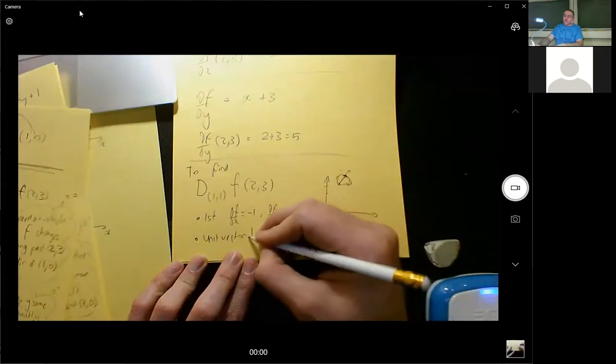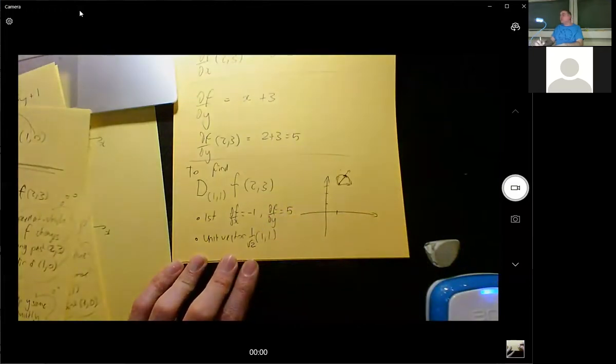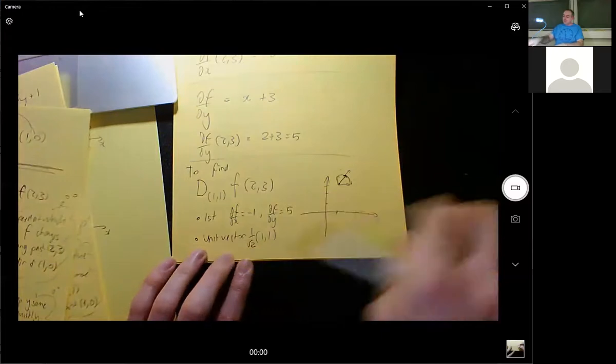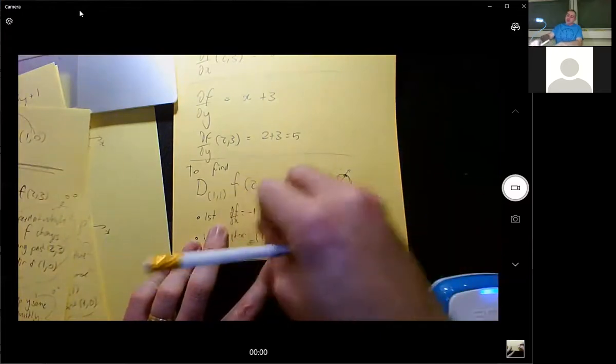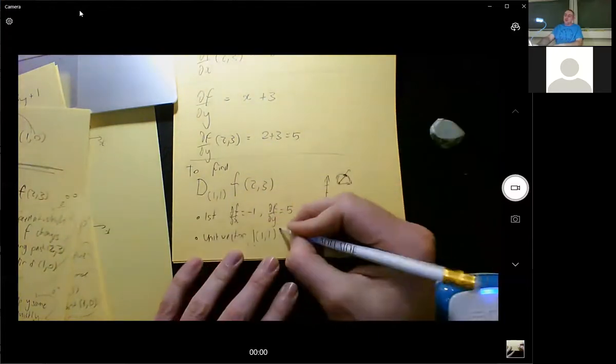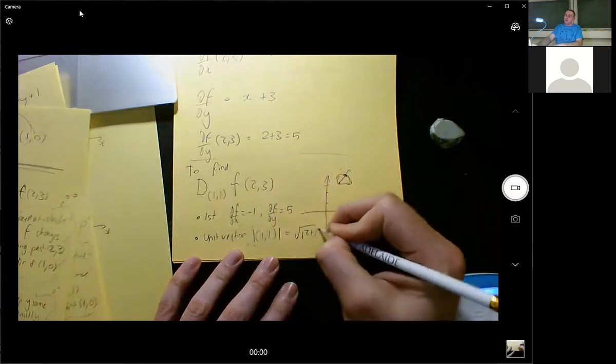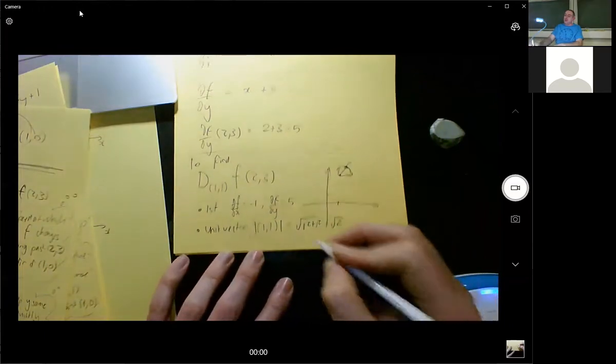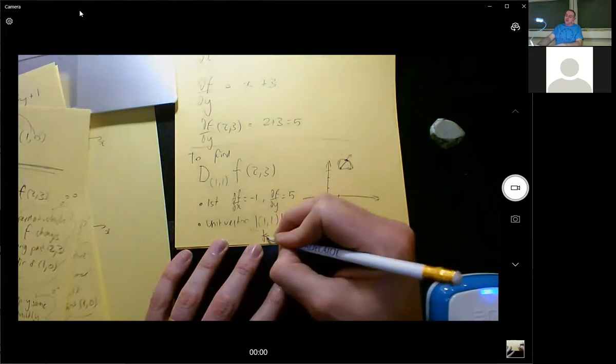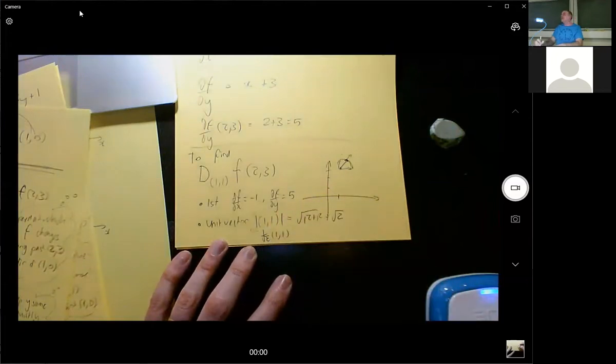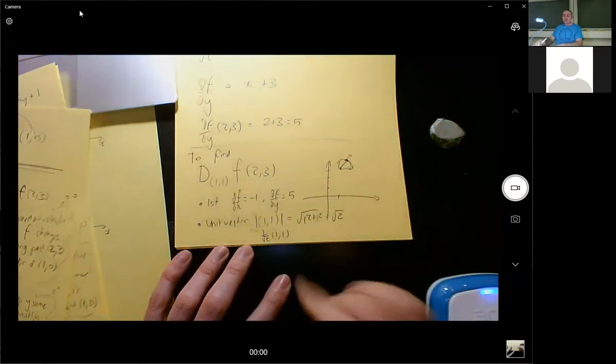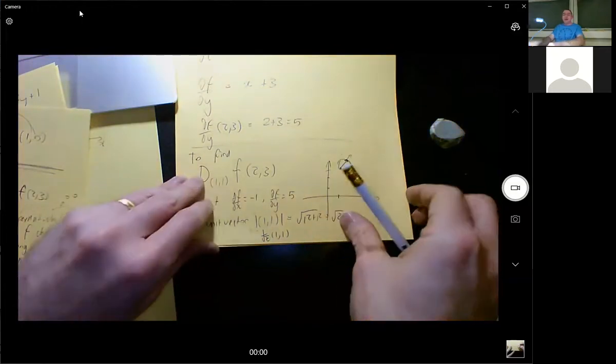So I need to divide this vector by its length. So first, to make a unit vector out of a vector you've already got, you need to find the length of your vector, which is the square root of 1 squared plus 1 squared, which is √2. And then to make a unit vector, I should divide the vector I've got by the length. So that's a unit vector.